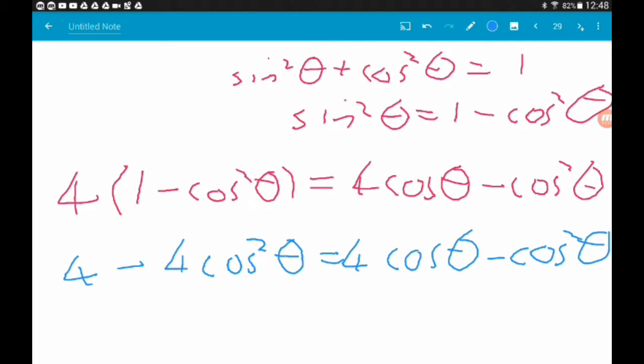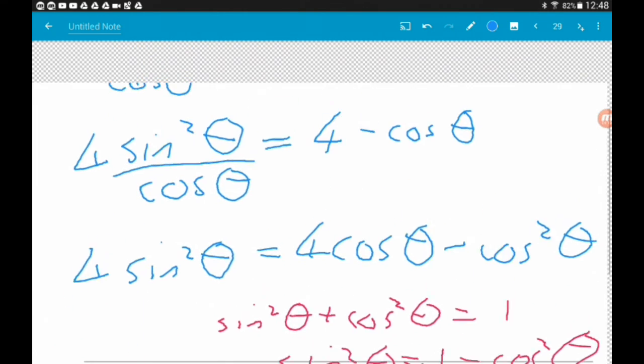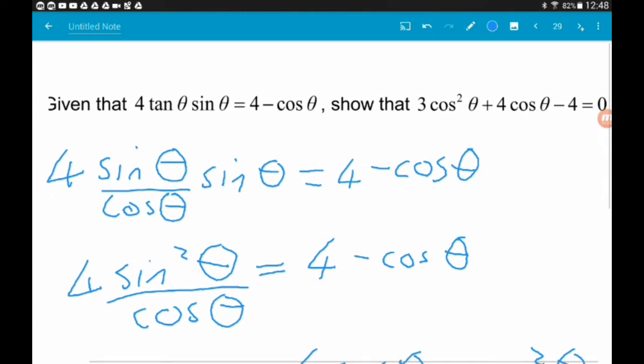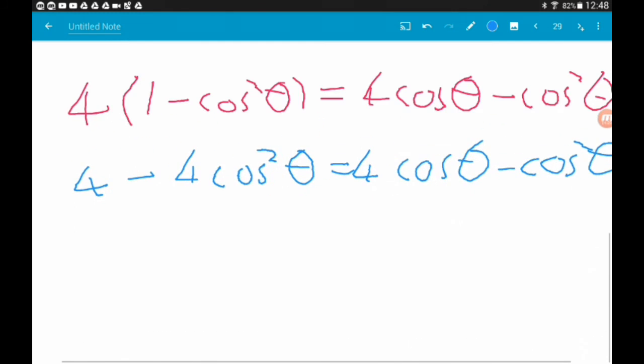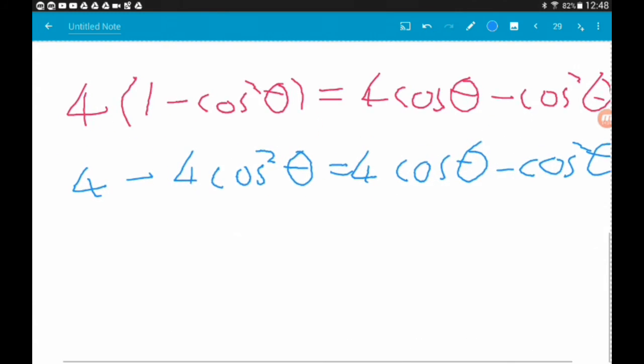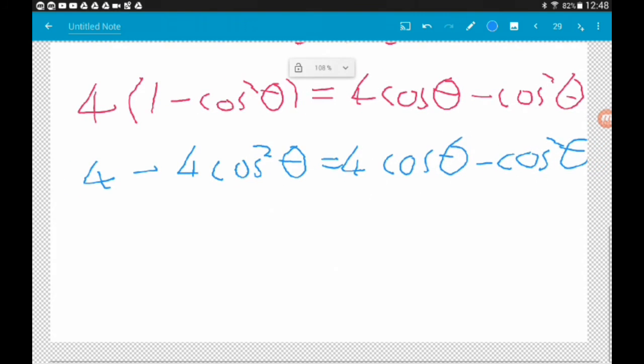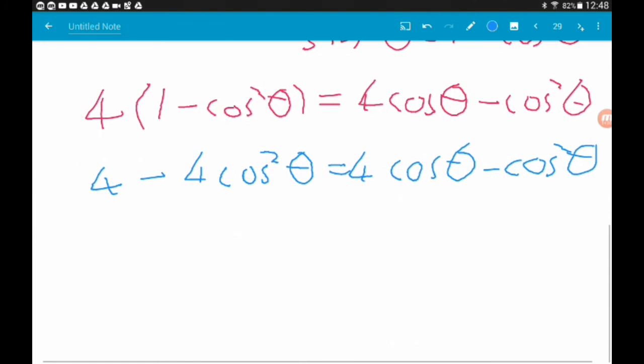So now it's just a case of getting everything on the same side. Now let's just check what we wanted. So we wanted to have positive 3 cos squared theta. So we are going to want to move everything from the left hand side to the right hand side.